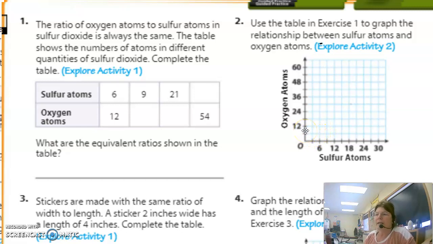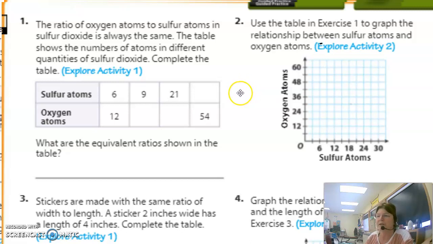So in number 1, it says the ratio of oxygen atoms to sulfur atoms in the sulfur dioxide is always the same. The table shows you the number of atoms in different quantities. Complete your table. So this goes back to Explore Activity 1. I hope you've looked at that, and it may be that you have some questions. But we have to find the ratio, just like we have in the past.